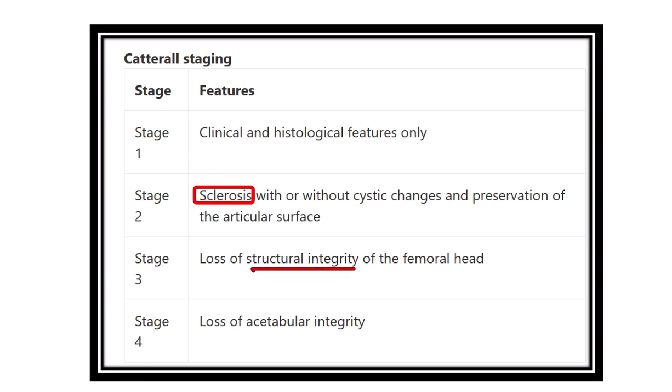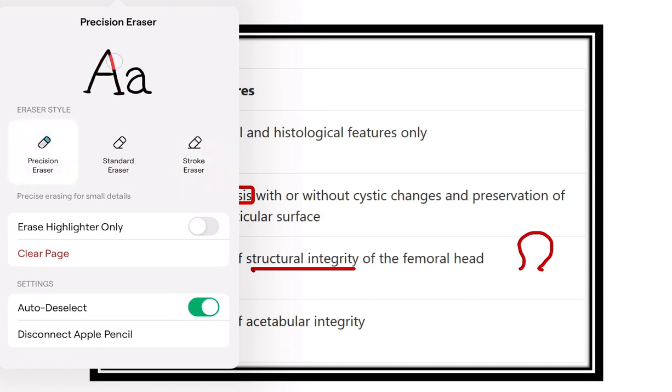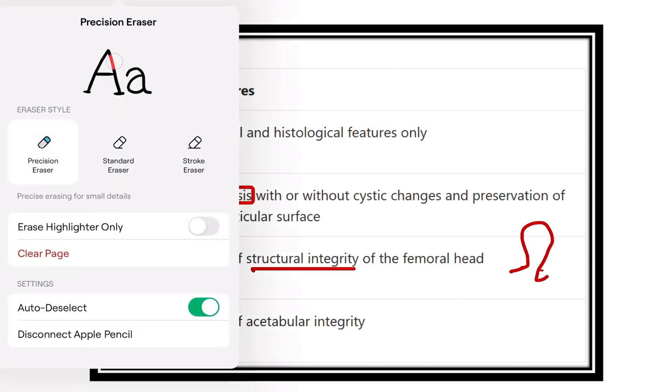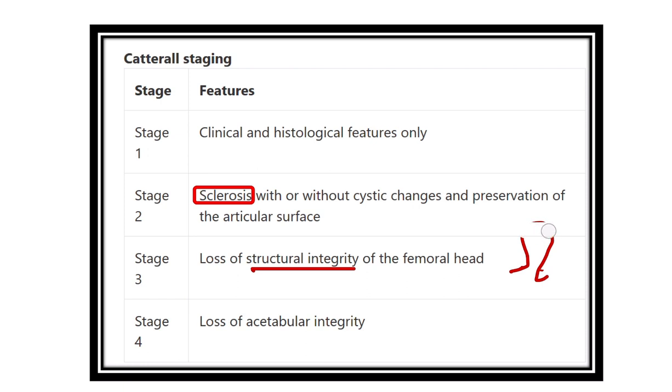That means this is the normal shape of a femoral head, but when avascular necrosis occurs, a small portion usually is removed and the shape becomes like this, so there is loss of the structural integrity and loss of the normal shape of the femoral head. And in stage 4 there is loss of acetabular integrity.